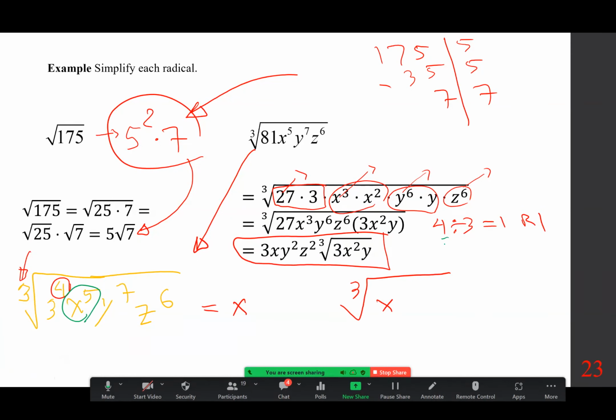My apologies, this should be 3, this should be 3, and now we're going to go to x. 5 divided by 3 is 1 with the remainder 2. So x to the power of 1 comes out, x to the power of 2 remains.